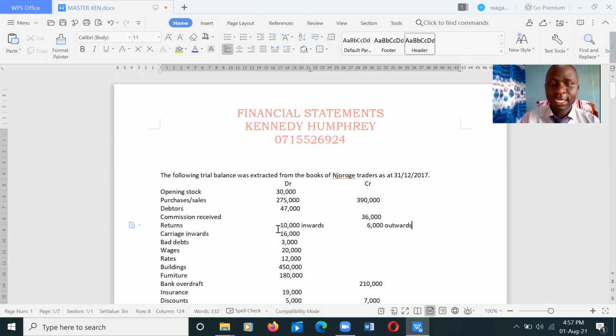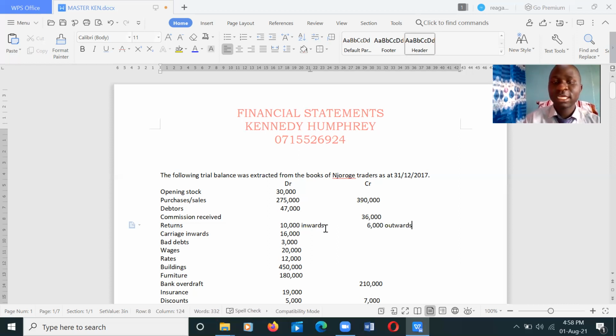Now, when you talk about return inwards, these are goods returned by the customers. A business might sell goods to customers, and then maybe the customer finds that the goods have gone bad if they are perishable, or alternatively they are not the goods he or she wanted. So they are returned by the customers.